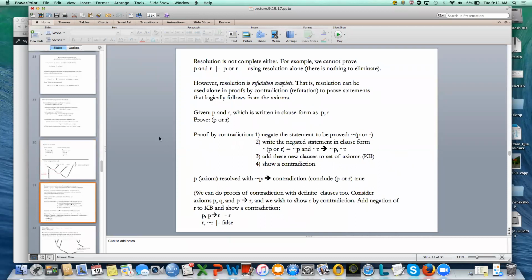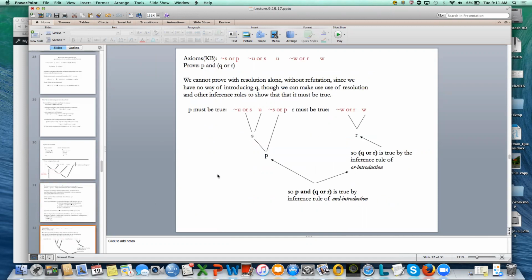It turns out that resolution all by itself is not complete either. We can take a look at this statement, and here I've got axioms that have been converted into clause form. And I want to prove P and Q or R. In this case, I can resolve statements.